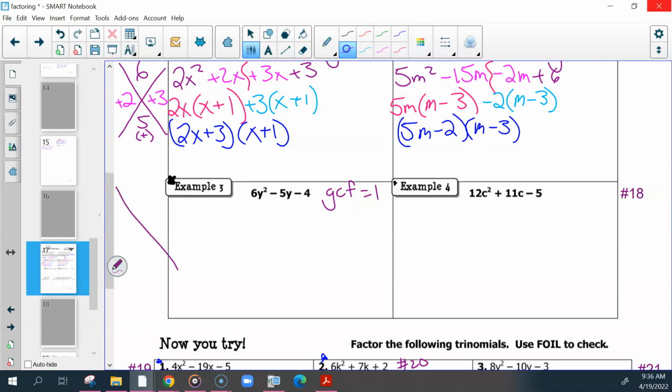So we are looking for two numbers that multiply to be negative 24 and add to be negative 5.